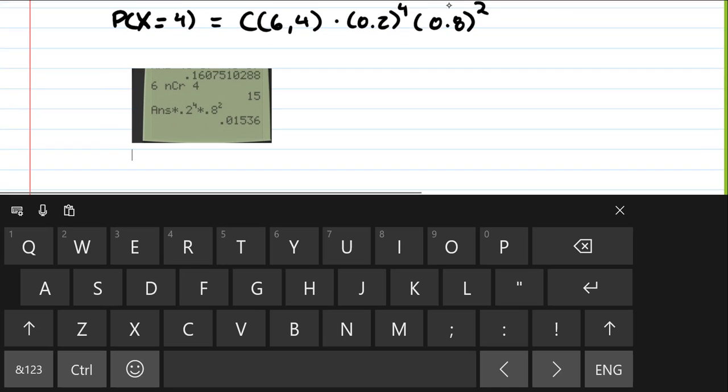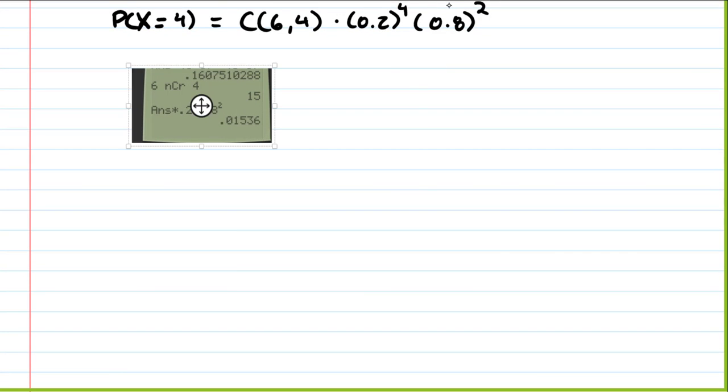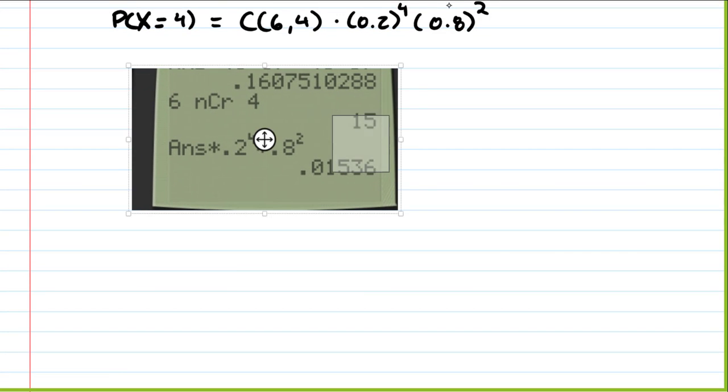According to this, it would be pretty unlikely, about 1.5%, right? So not very likely to happen.